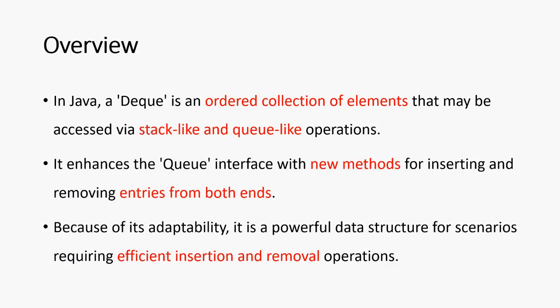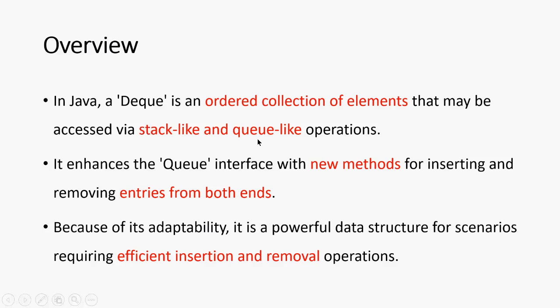But in certain scenarios, with respect to some versatility with priority, some elements that are added to the last position may need to be removed first. In that scenario, we use a new data structure. We call it Deque. The Deque works both like a stack as well as like a queue.